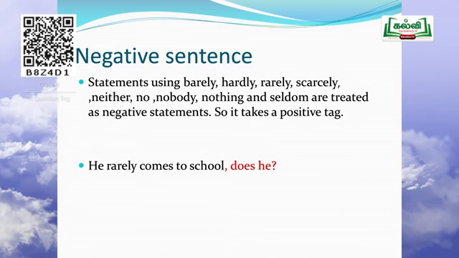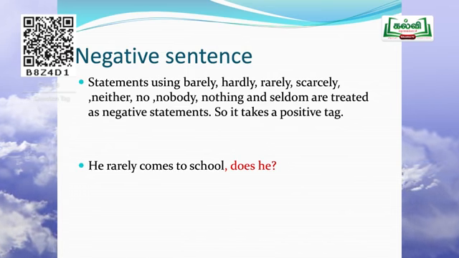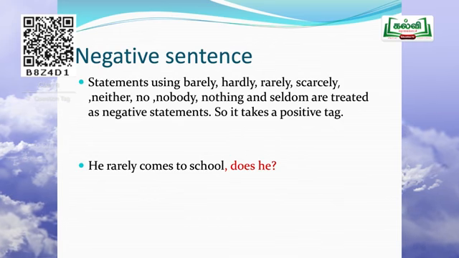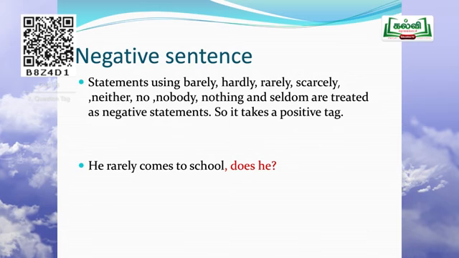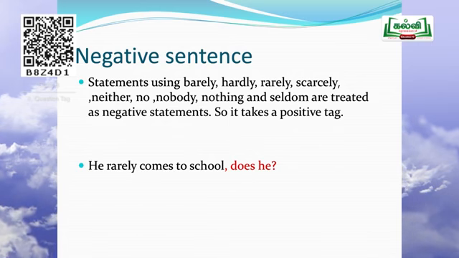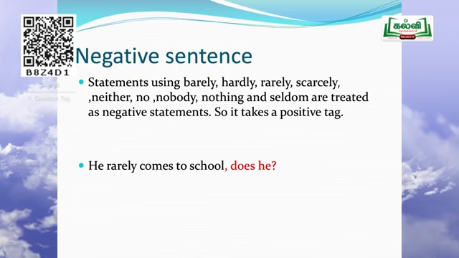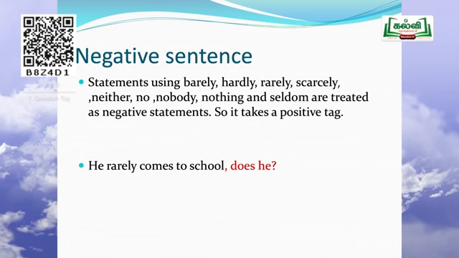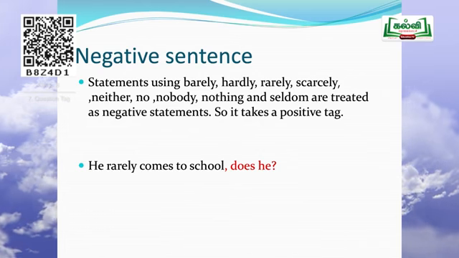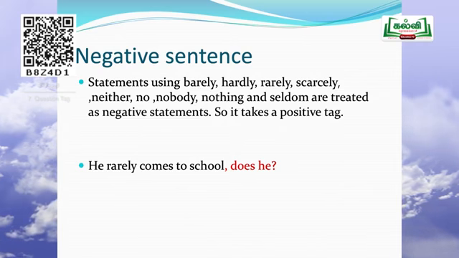Sometimes we make a negative sentence without not and no. Statements using barely, hardly, rarely, scarcely, neither, no, nobody, nothing, and seldom are treated as negative statements. So if the sentence contains these words, it is treated as a negative statement, and these kinds of statements take a positive tag.